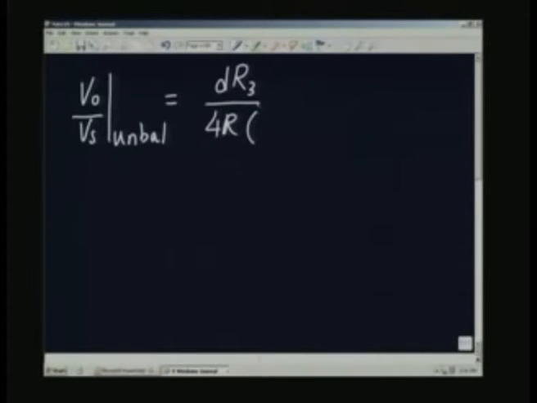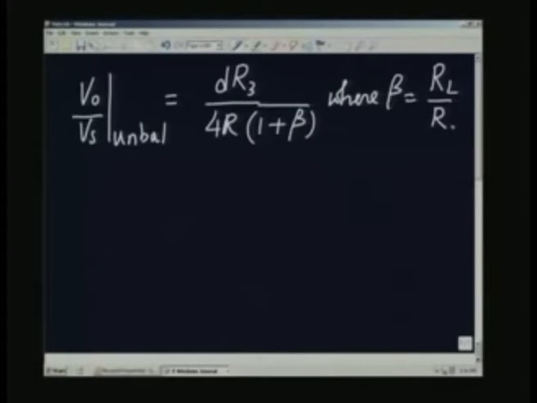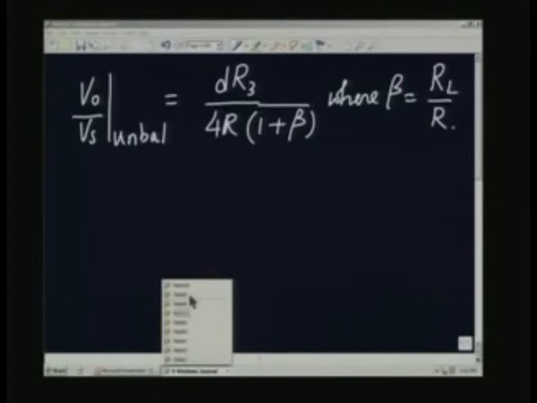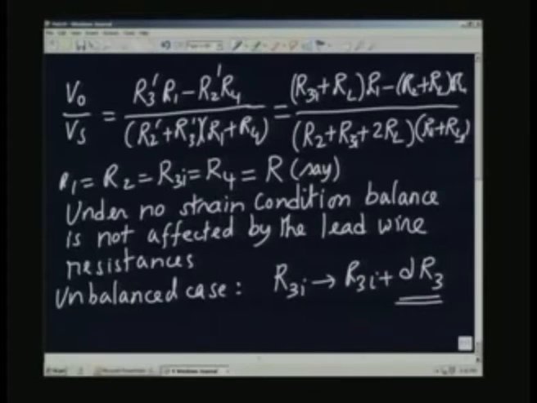into, instead of 1, I will get 1 plus beta, where beta is equal to RL divided by R. You can see how it comes out. You have R2, in this case R2 plus R3I plus 2RL, and R2 equal to R3I. So, this becomes 2R.